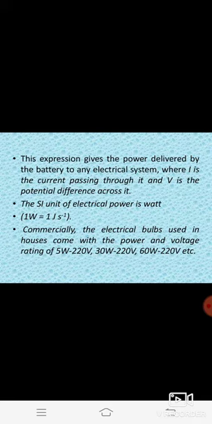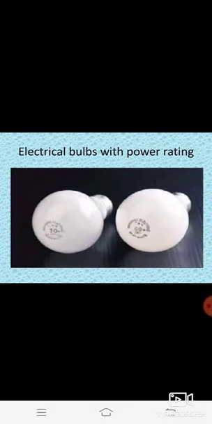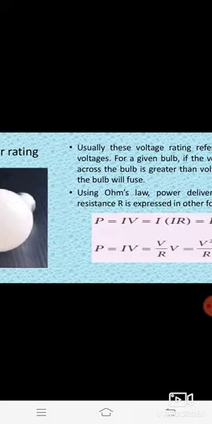Commercially, the electrical bulbs used in houses come with a power and voltage rating of 5 watts 220 volt, 30 watts 220 volt, 60 watts 220 volt, etc. So this is electric power. They mention the power and the potential difference, the voltage of the device.